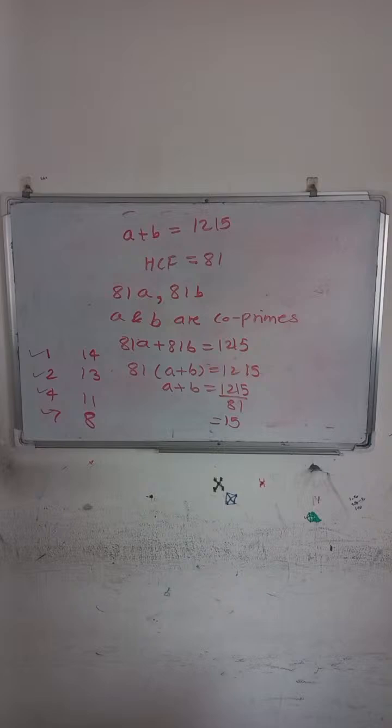Prove that root 7 is an irrational number. Prove that root 7 is an irrational number. Okay, can you do this?